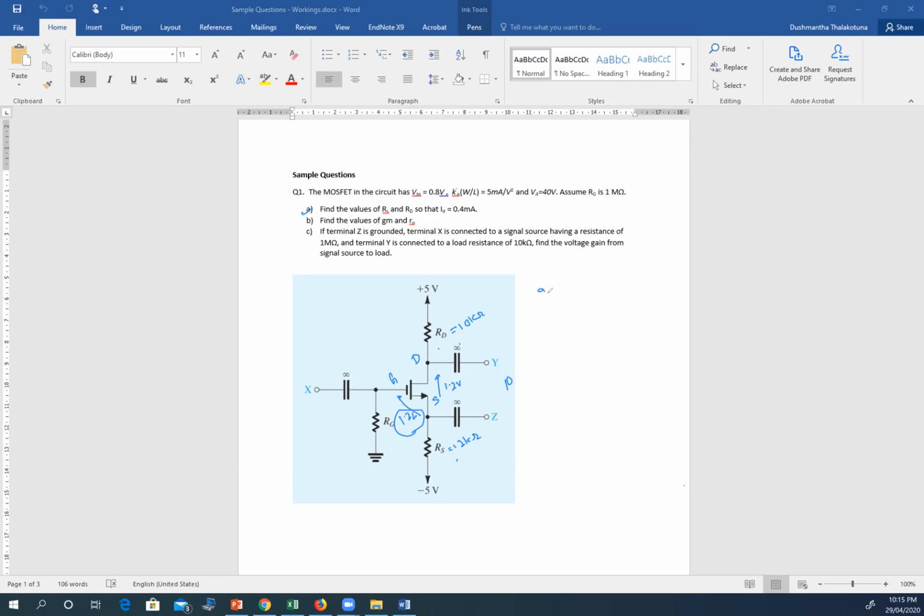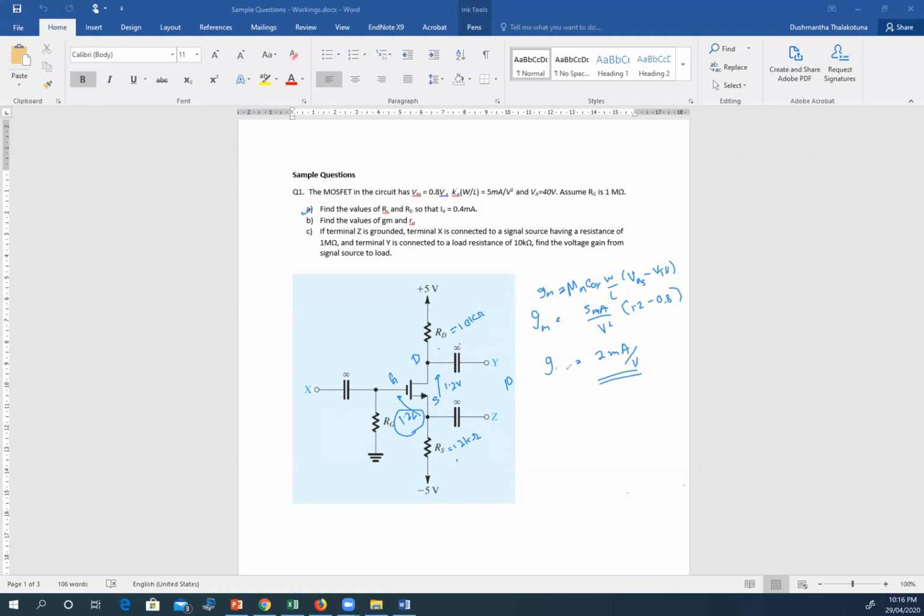So GM is given by mu n Cox W over L, VGS minus VTH. So we are supposed to calculate GM, which is Kn W over L, that is 5 milliamps per volt squared. VGS minus VTH is 1.2 minus 0.8, that's 0.4. So that's 0.4 times 5, and that becomes 2 milliamps per volt.